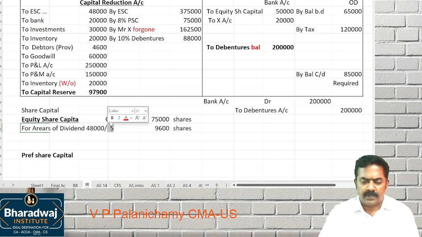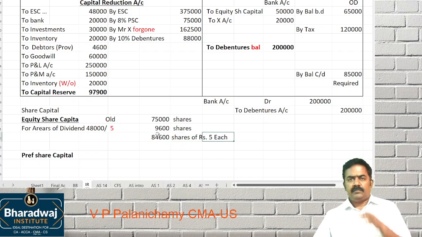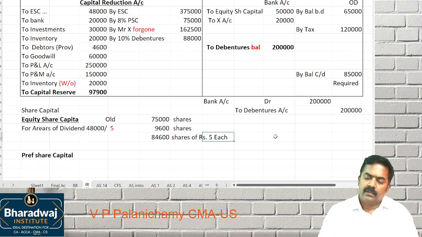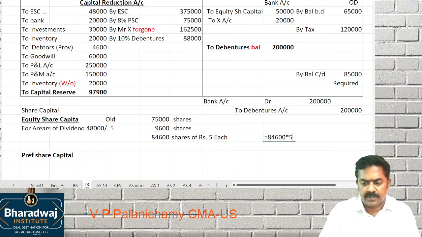New value is 5 rupees. 9,600 shares. Total how much will it be? 84,600 shares of rupees 5 each. Take it. How much? 84,600 into 5 rupees each.